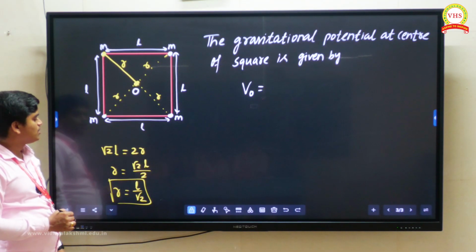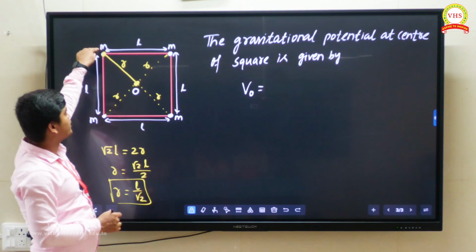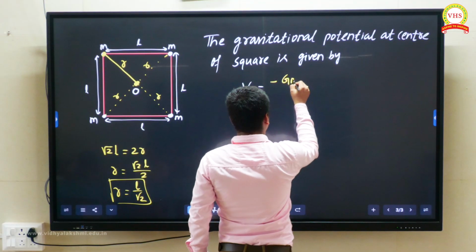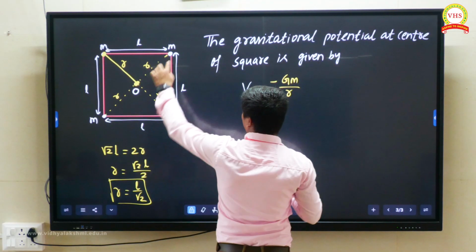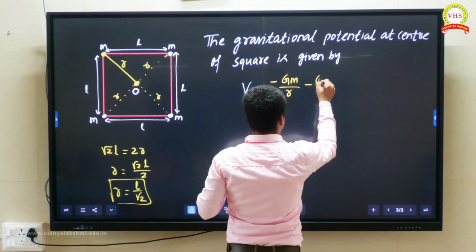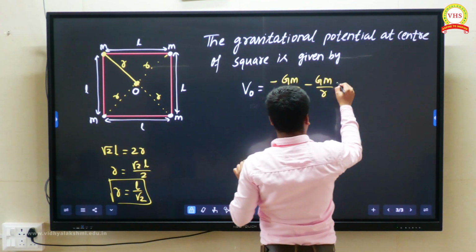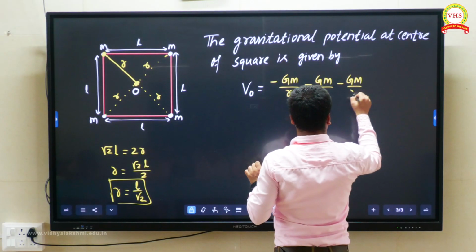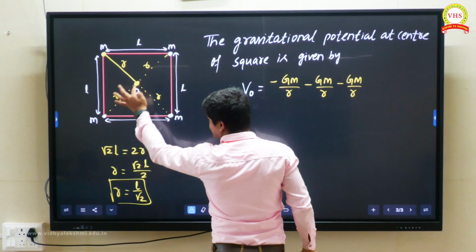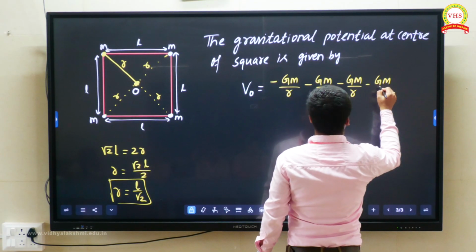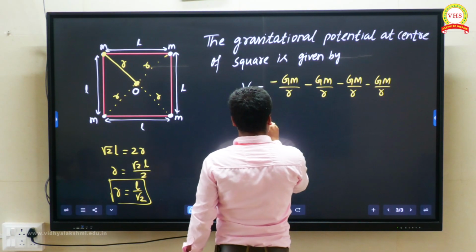Clear? Now, due to first mass, what is the gravitational potential here? Minus Gm by R. Due to this second mass, again gravitational potential minus Gm by R. Due to third mass, minus Gm by R. Then due to fourth mass at this point, at center, also minus Gm by R. So how much is it coming?